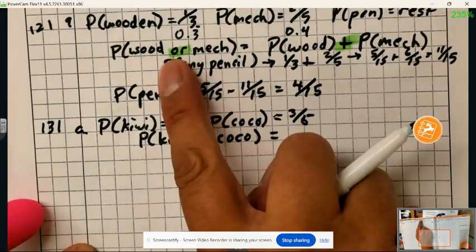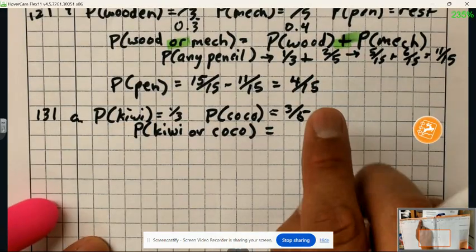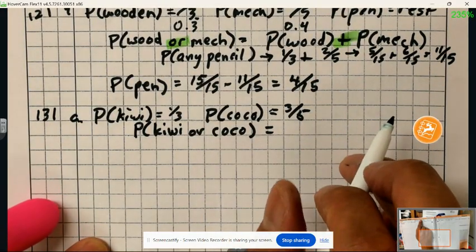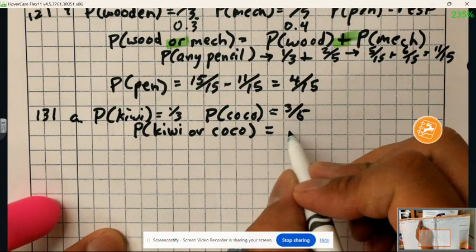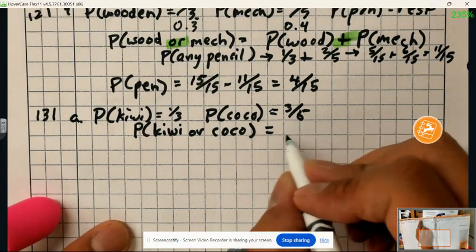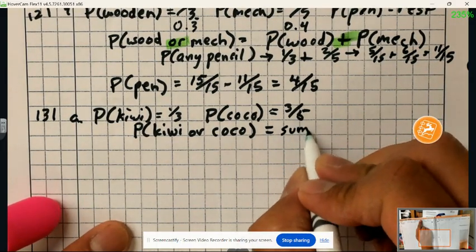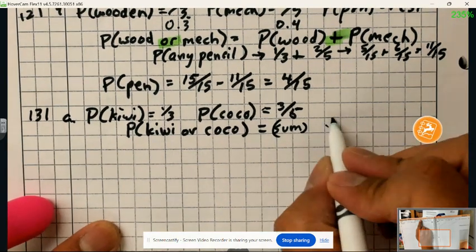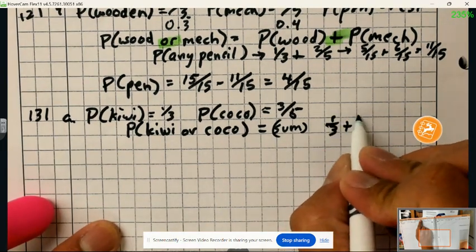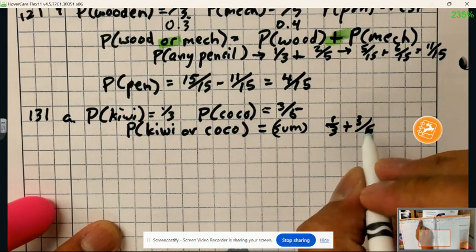That means, again, or means that we are going to add those probabilities. So we are going to get the sum, which is 1/3 plus 3/5.